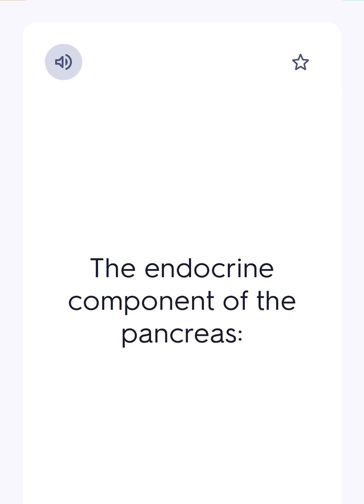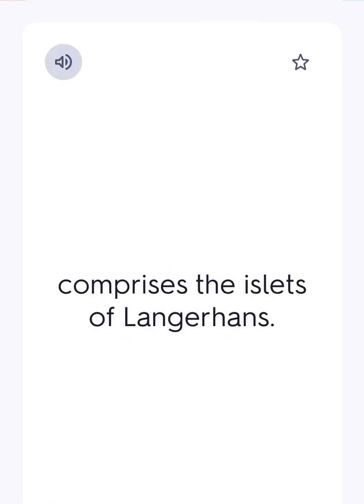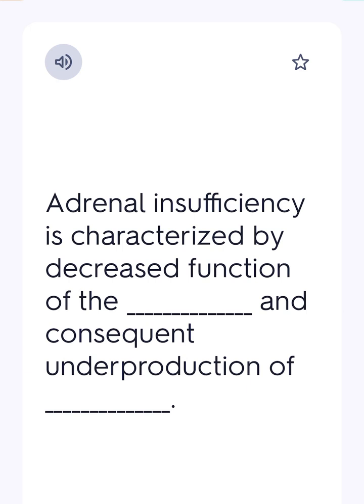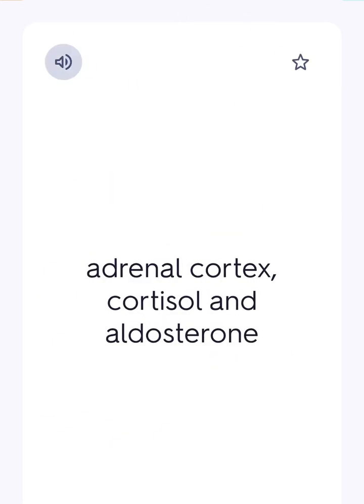The endocrine component of the pancreas comprises the islets of Langerhans. Adrenal insufficiency is characterized by decreased function of the adrenal cortex and consequent underproduction of cortisol and aldosterone.